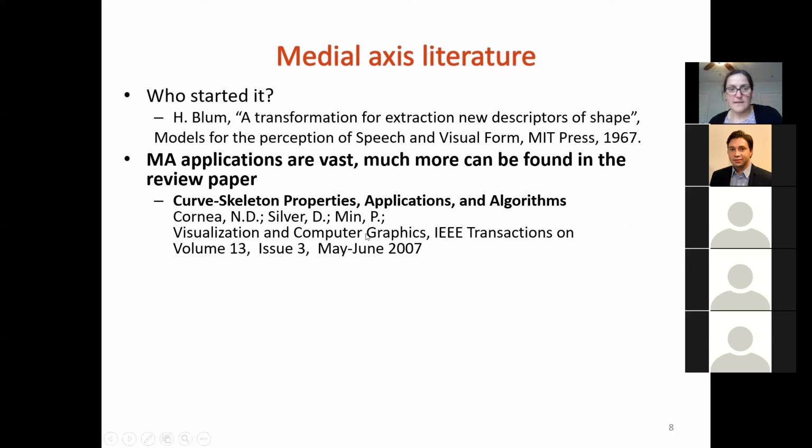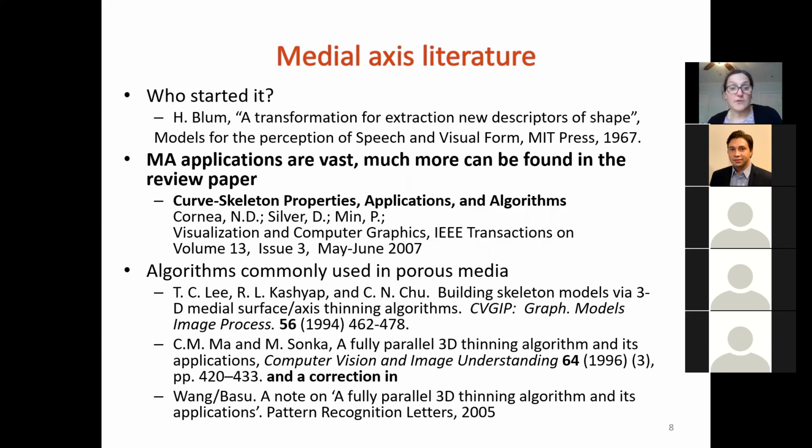In terms of review papers, there is a relatively recent paper, Curve Skeleton Properties, Applications, and Algorithms, from 2007, and this is for general computer science applications. In porous media, it took a moment to get to images of porous materials. It took X-ray development in the 90s, so naturally the algorithms to analyze those started in the 90s as well. So there's a technology transfer lag of about 30 years.